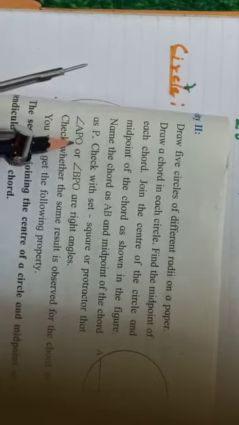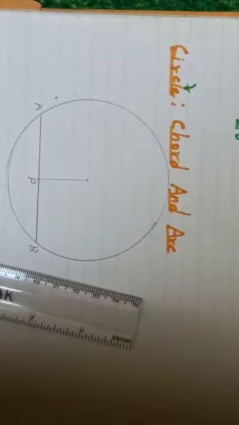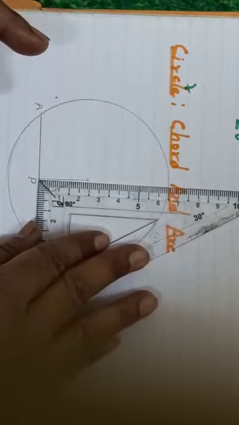This we have done. Check with set square or protractor that angle APO or angle OPB are right angles. Now see, by seeing the figure only you can make out that it's a right angle. We don't have to check also. See, this is a right angle. Exactly.